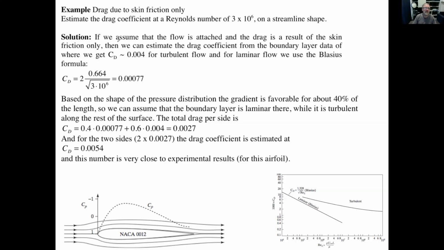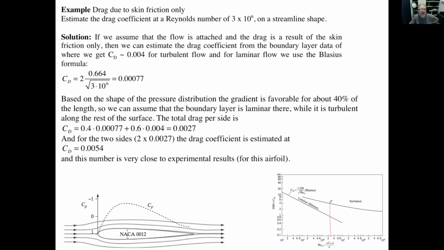So we need to estimate the drag at this Reynolds number on a streamlined shape, which is a NACA 0012. The 12 means that it's 12% thick, so if the length is 1, then the thickness is 0.12. If you look at the boundary layer data, at 3 times 10 to the 6, it's somewhere here.